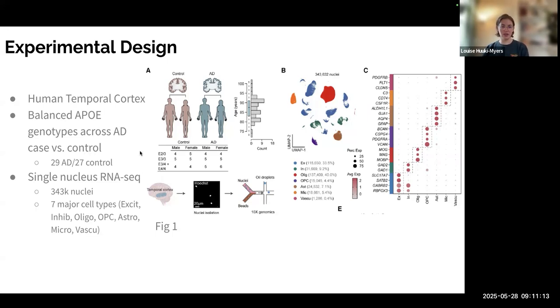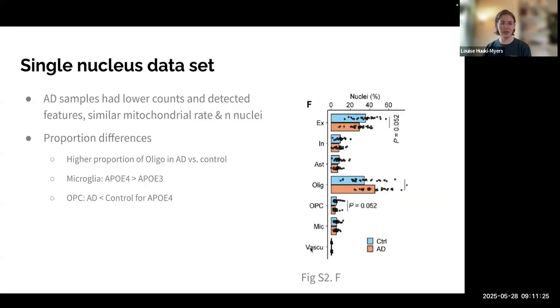And when they're performing single nucleus RNA-seq over this, yielding 343,000 nuclei over 7 major cell types. Looking at the single nucleus data set, they found that the Alzheimer's samples had lower counts and detected features, but had similar mitochondrial and number of nuclei overall.